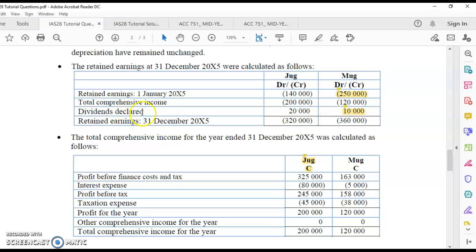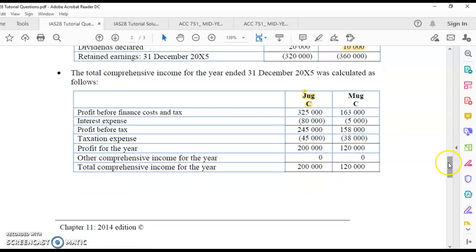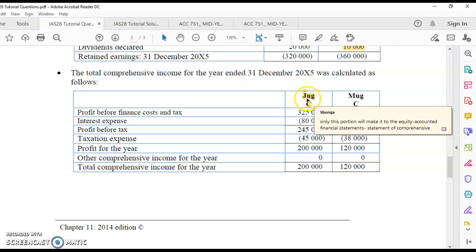And then dividends were declared by MAG of 10,000, and we know that 25% went to us as JAG, which is 2,500. You will see that amount in the AOE when we go to the solution. And you're also given the statement of comprehensive income, how comprehensive income was derived.